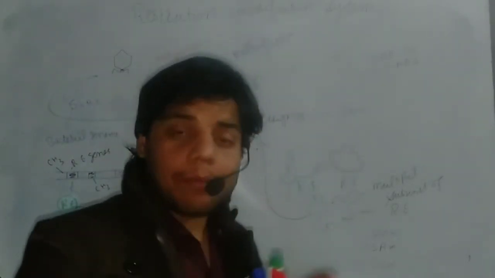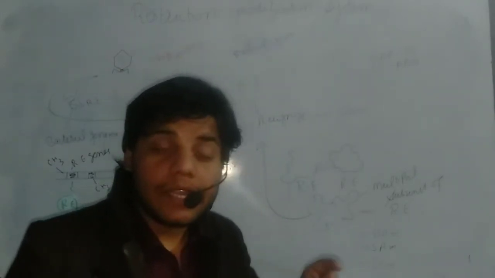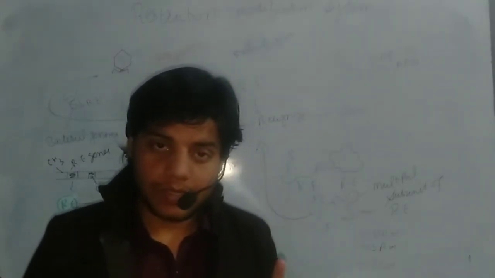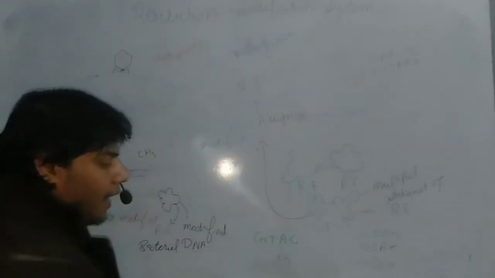Now remember, these enzymes can methylate one of the DNA sequences. Let's suppose we have a sequence like that, G, T, A, C. Then DAM will methylate the adenine. So they will provide a methyl group to the adenine.